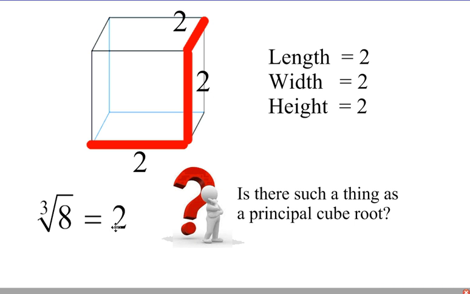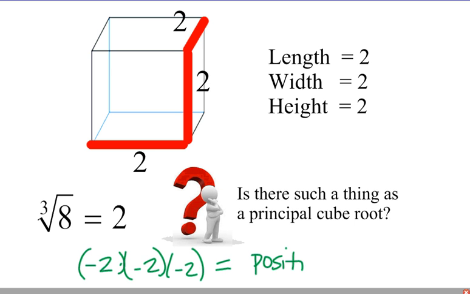Can I multiply a negative number? Can I do -2 times -2 times -2? Will that also give me a positive number? No, it will not. That's going to be a negative number. So I wanted to get positive 8. So it's impossible to have a principal cube root, excuse me. You can get a cube root, but it won't be a principal one because there's only one.